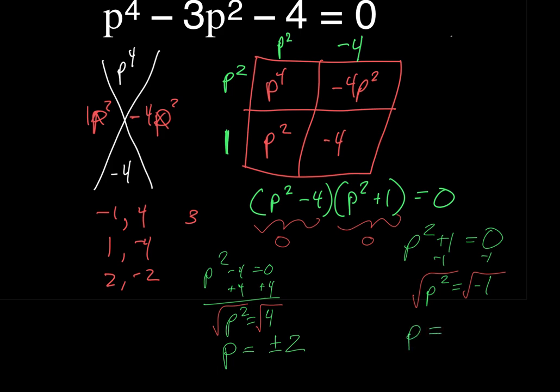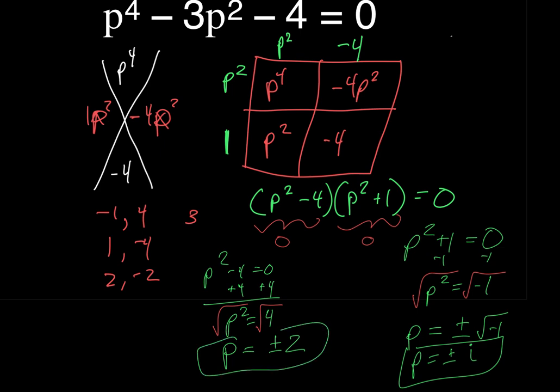P equals plus or minus square root of negative 1. And what is the square root of negative 1? I. Would you accept the other one as well?